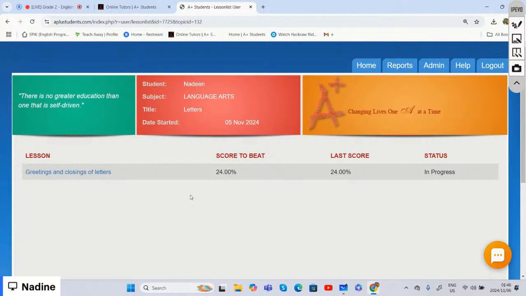Our greeting needs to start with a capital letter and it ends with a comma. So this is the end of our lesson on letters.